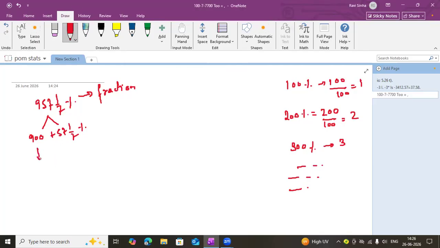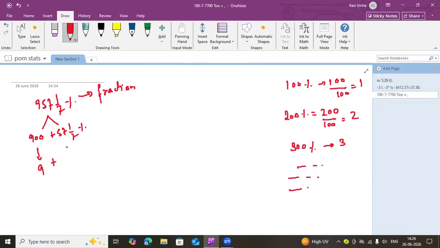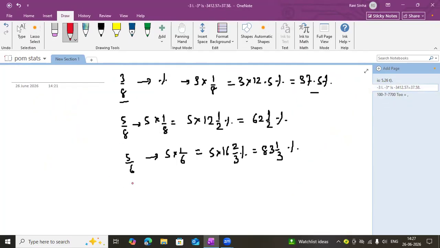Now 900% can be written as 9, and we still need to convert 57 1 by 7% into a fraction.